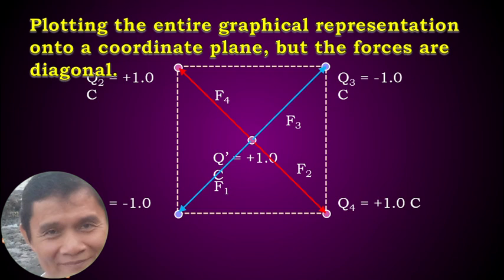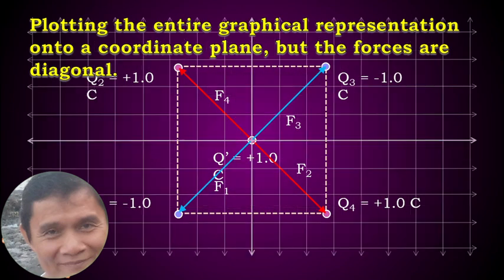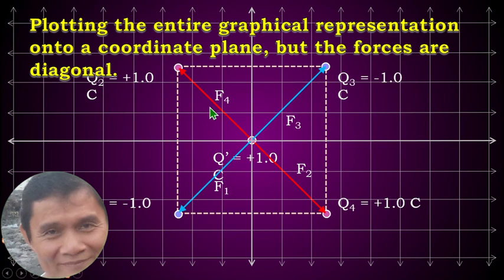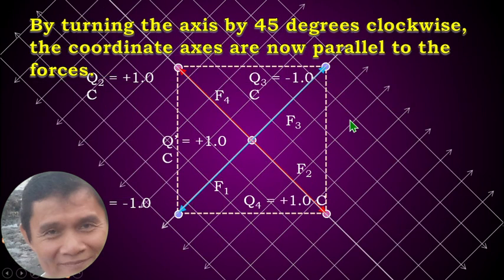So, you plot the entire graphical representation to the coordinate plane. The problem is, the forces are at an angle. So, you'd have to solve for sine and cosine again. However, to make it easier, just tilt the axis such that the forces match the x and y axis. So, that's easier, right?